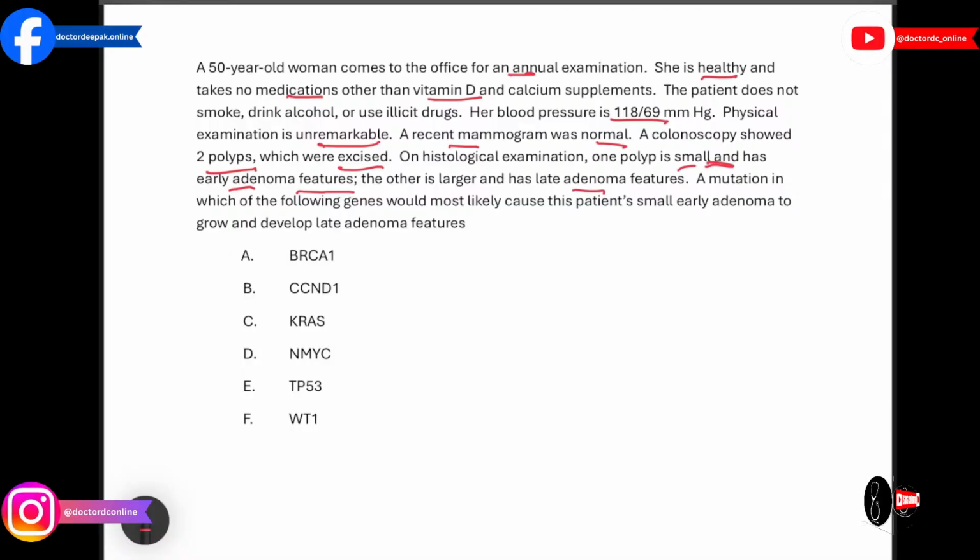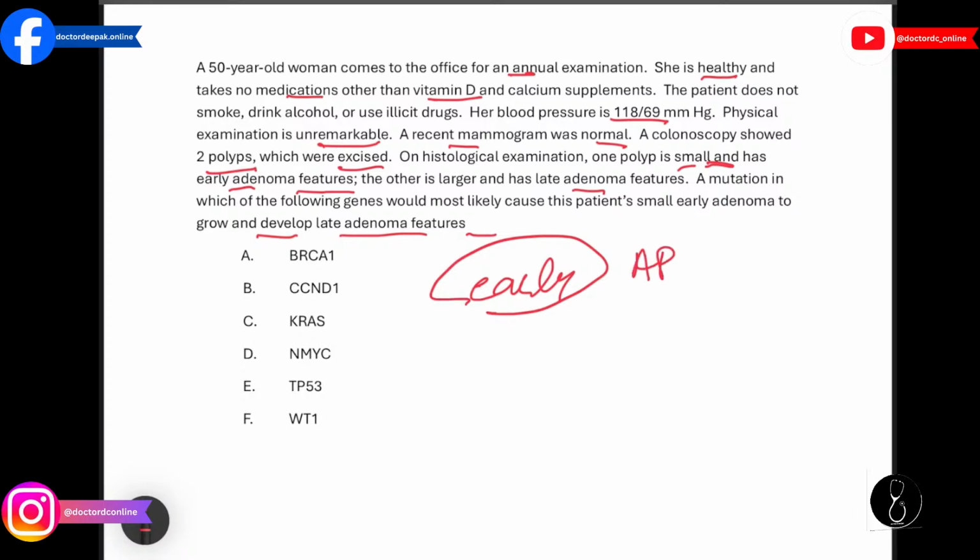Okay? A mutation in which proto-oncogene would be most likely in this patient for the small early adenoma to develop late adenoma features? Earlier we talked about the early stages. Most commonly, the mutation begins with APC inactivation in colon cancer.